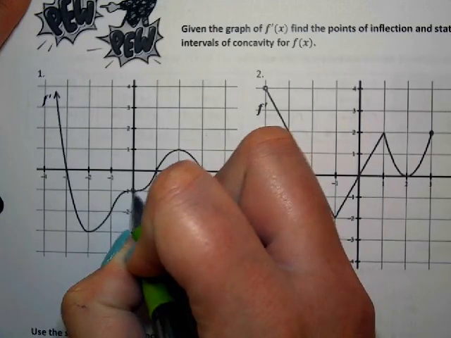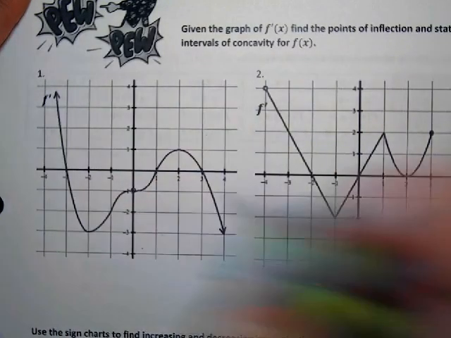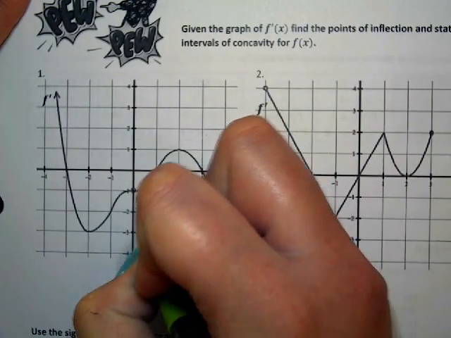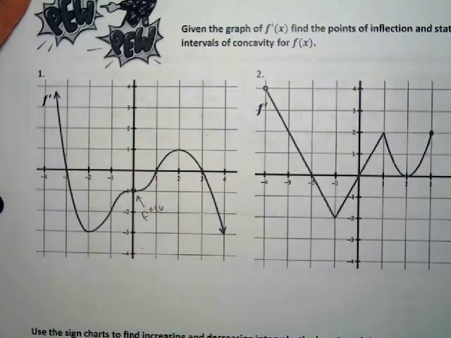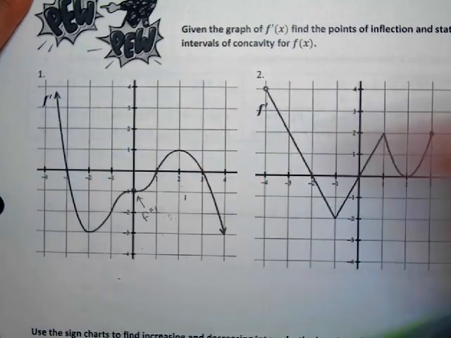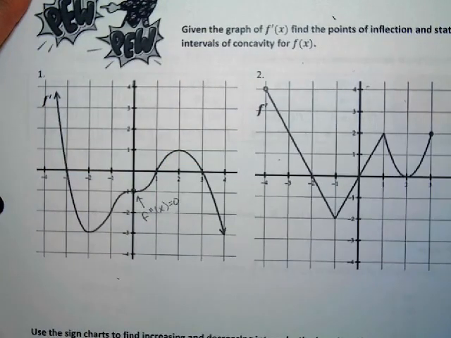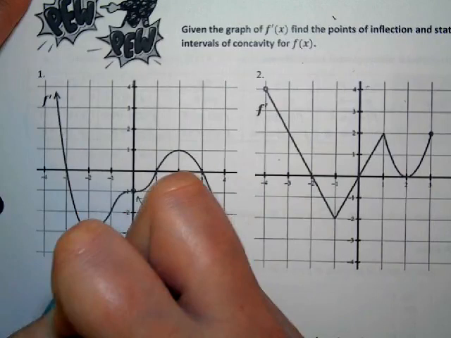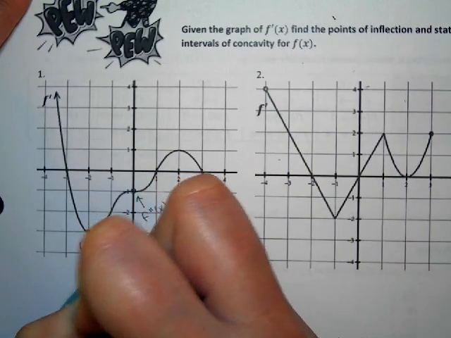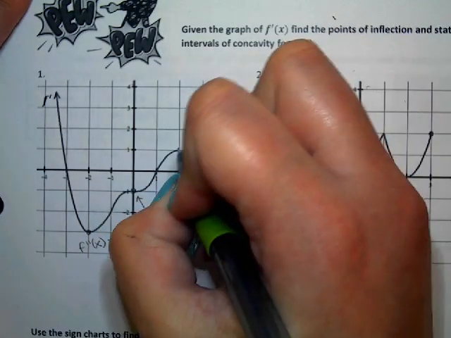Okay, right there. That's a slope of 0. Then at -2, and then at 2.